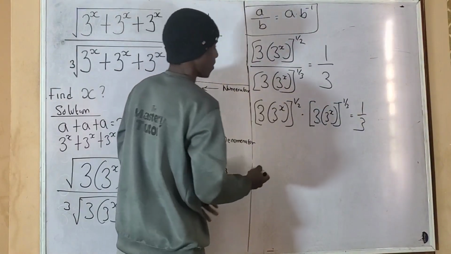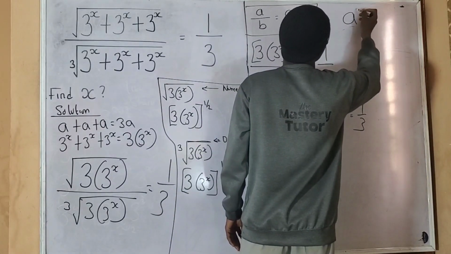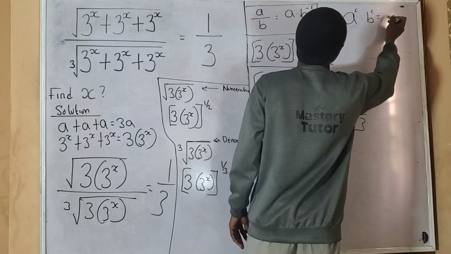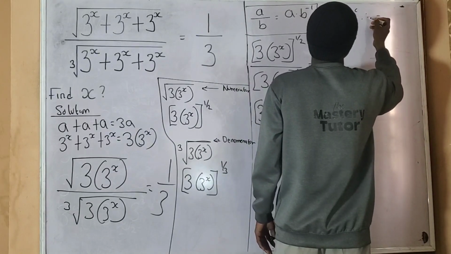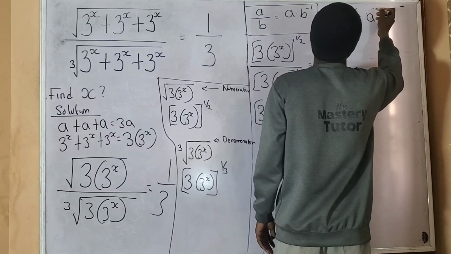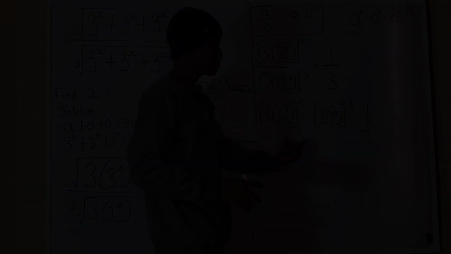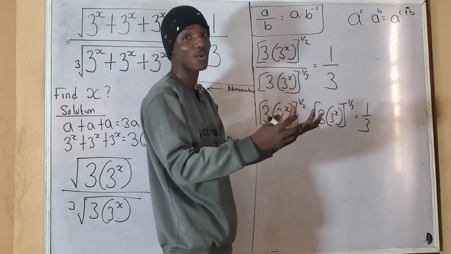Okay. Now, according to the law of indices, if you have a raised to the power of b multiplied by a raised to the power of c, this can be written as a raised to the power of b plus c, right? Because the base here is the same as the base here. So I'm going to sum their powers.